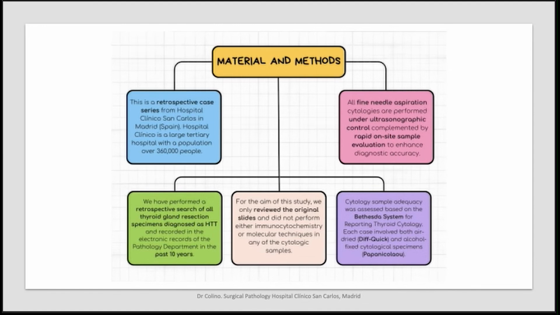Each case involved both air-dried and alcohol-fixed cytological specimens. At the time of diagnosis, Papanicolaou stain was applied to the alcohol-fixed specimen, and liquid stain was used on the air-dried ones. This study has been reviewed and approved by the Hospital Institutional Review Board.